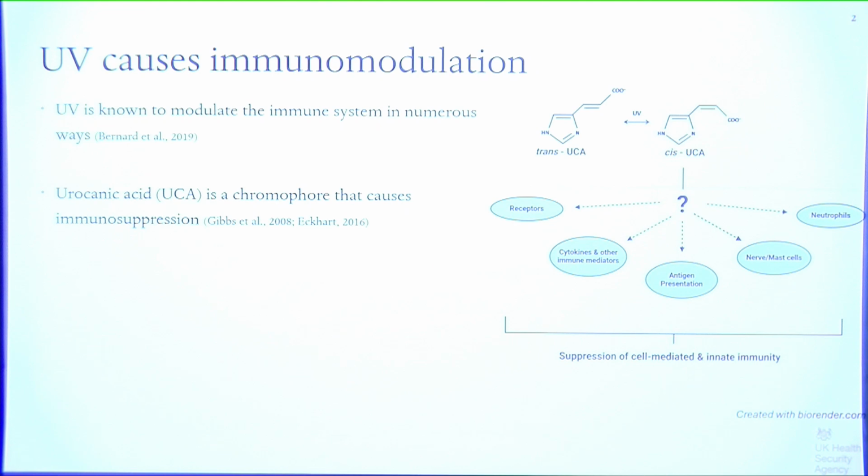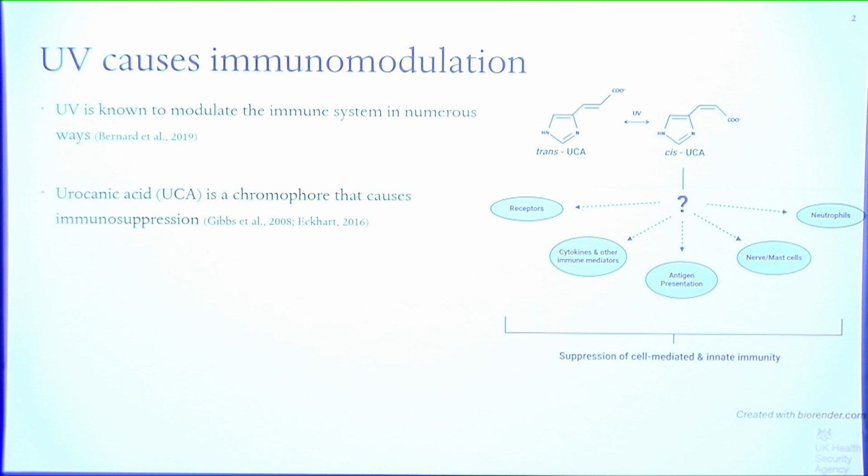So of interest to us is the chromophore urocanic acid. You may have heard of it. It's present in the stratum corneum in high concentrations. It exists as the trans isomer, and upon exposure to UV radiation, it's converted into the more biologically active cis isomer, which then initiates several immunomodulatory effects, as well as helping to prevent further DNA damage from reaching the dermis of the skin.